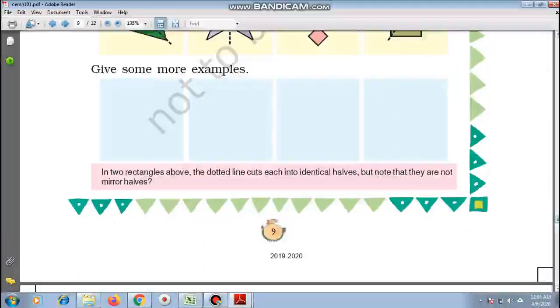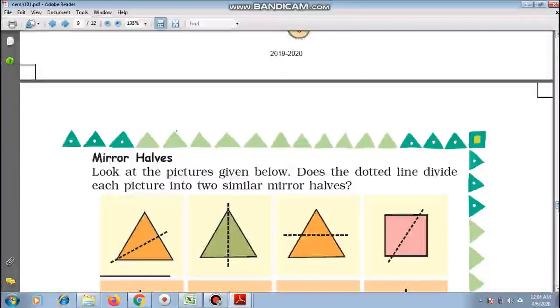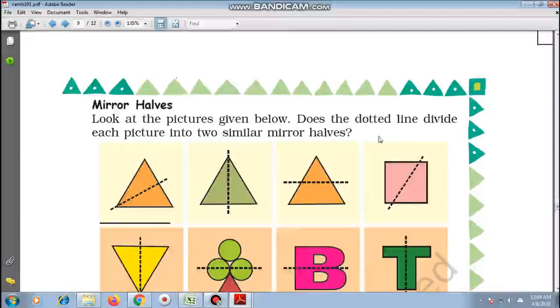Now look at these pictures. They have drawn lines, dotted lines. Does the dotted line divide its picture into two similar mirror halves? What about this one?